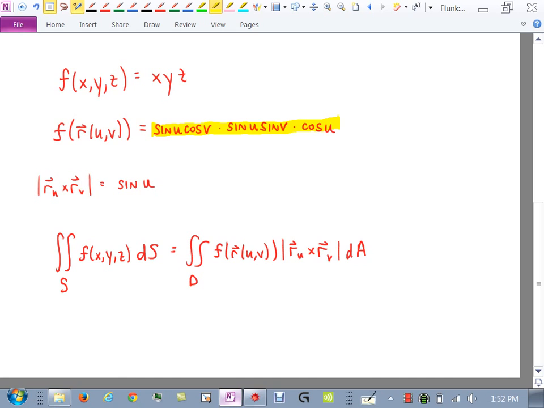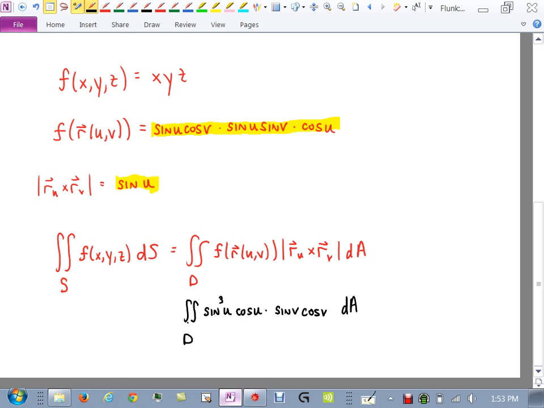That's our f times the magnitude, which just makes us have another sine u in there. So we have a double integral. How many sine u's do we have? Three. So sine cubed u. What else? Cosine u. Put them together, times cosine v sine v, or sine v cosine v, dA. And this is over our region D.